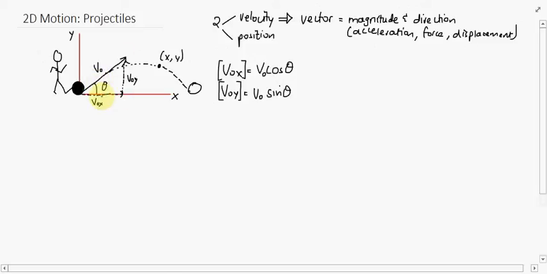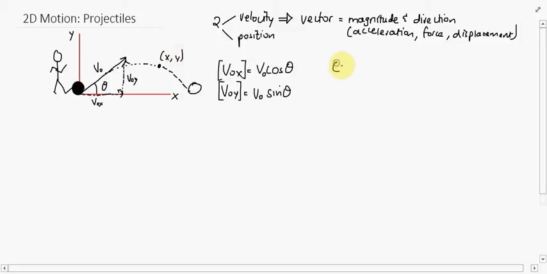Remember that if we have this right angle triangle, we can use Pythagoras to calculate the size of each of the sides of the triangle. I could use the same principles whether this unit is velocity, acceleration, force, displacement, whatever the case may be. I would go about solving this the same way. In this case, it just happens to be velocity.